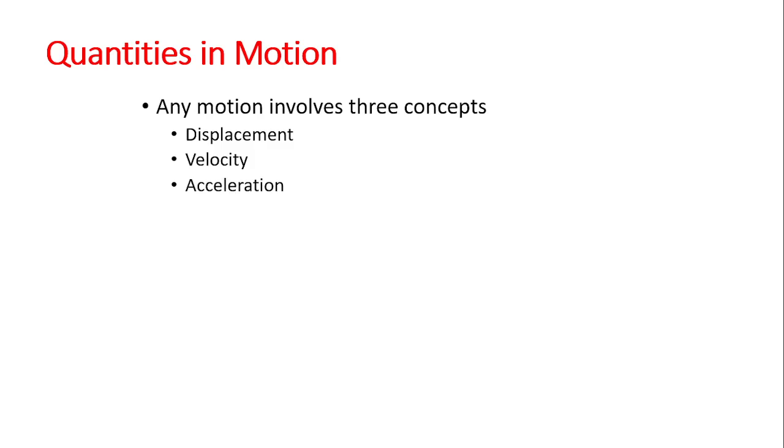So basically, there are three concepts involved when you are talking about motion. And these concepts are displacement, velocity, and acceleration. You need to understand that all of them are simply vector quantities.